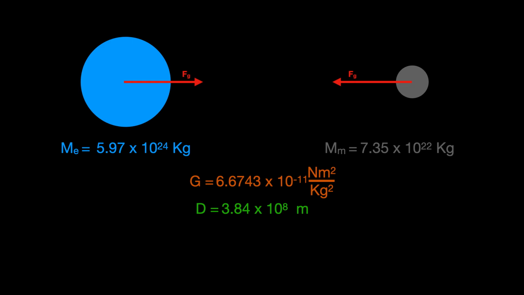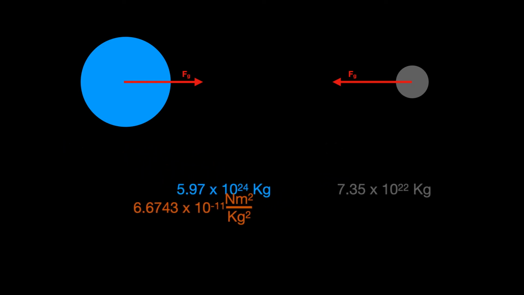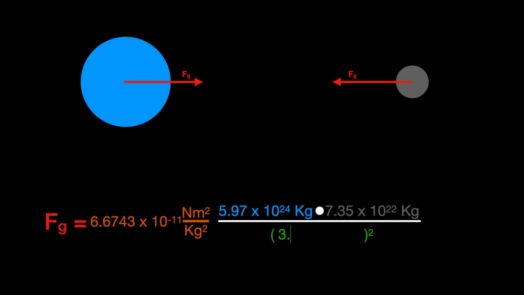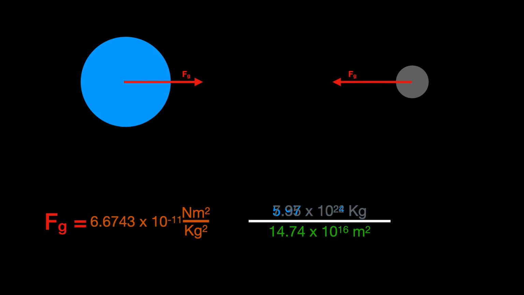Okay, so now let's put all these units into the equation. Let's just substitute all the numbers, and we get this, with 3.84 times 10 to the 8 meters, squared. Now we can calculate the force of gravity, and let's do a little bit of simplification.